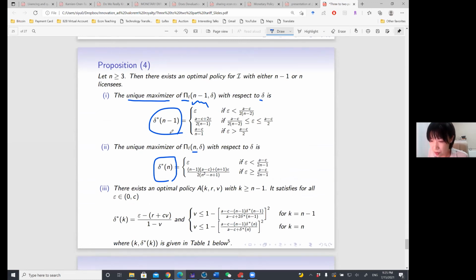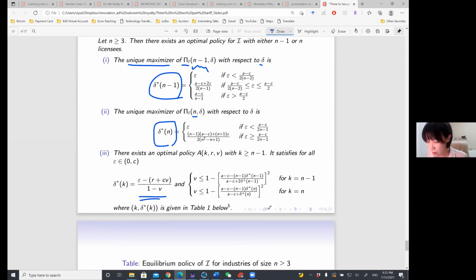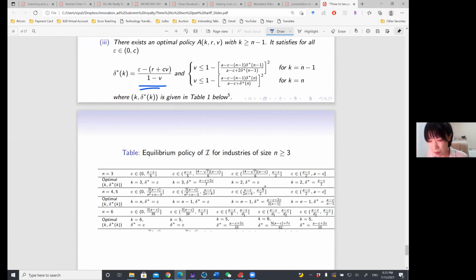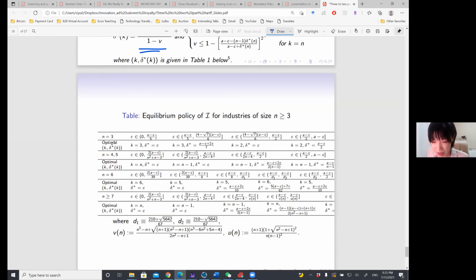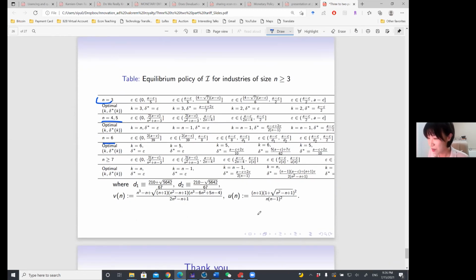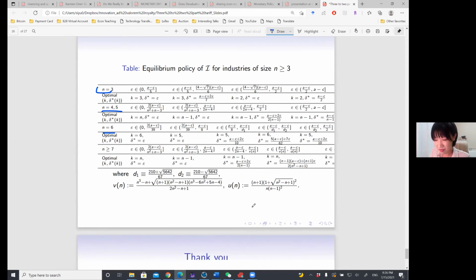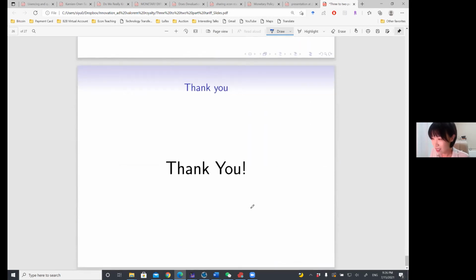And to sustain the optimal delta, we have multiple choices on R and V. Okay, so we summarize our result in the table. This is just to tell you for each number of N, what the optimal contract looks like. So here is the result. And that's it.